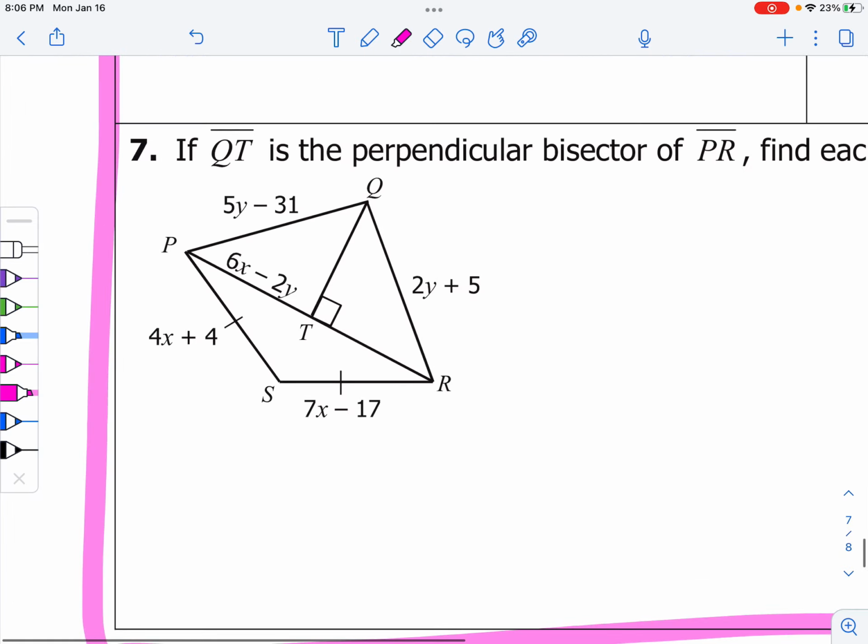I am hinting to you that side PQ is equal to QR.